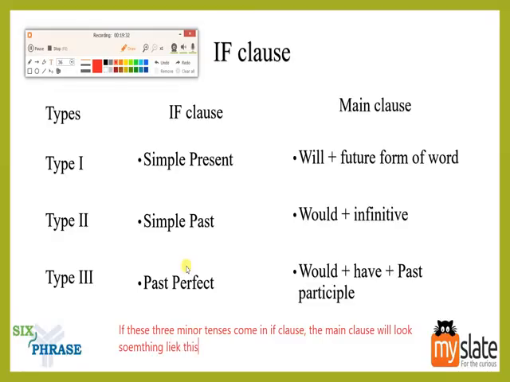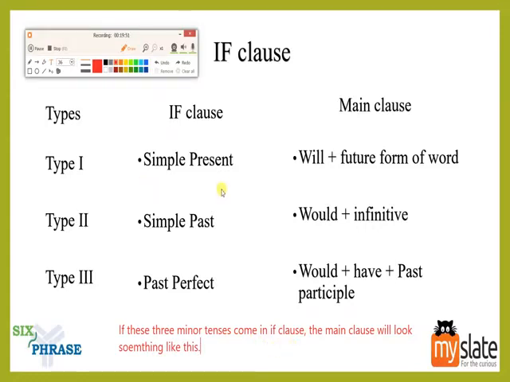Oh my god, I'm making a lot of mistakes. Typo, sorry. So here, if these three minor tenses come in the if clause, we are just talking about the present here, simple present, right?